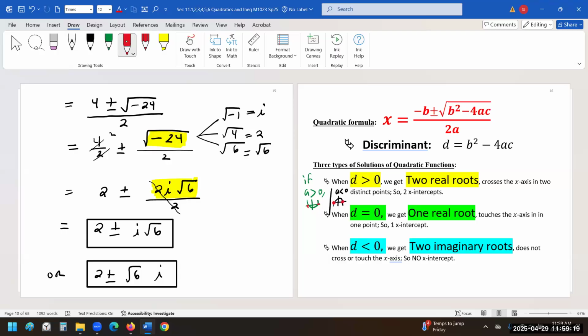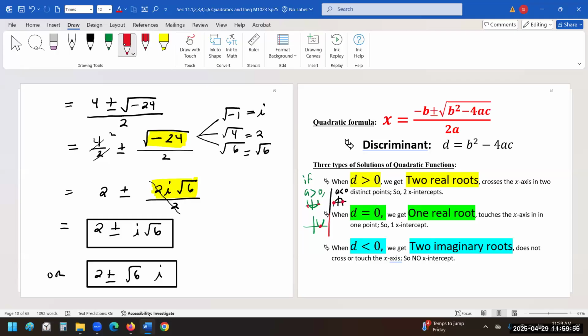If that discriminant is 0, this entire thing becomes 0, so you have only negative b plus minus 0, which means only negative b over 2a. That means only one real solution, so you have only one x-intercept. If your a is positive, you have a graph that is only touching the x-axis.